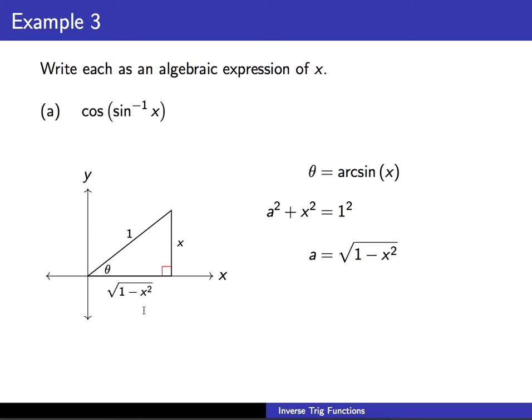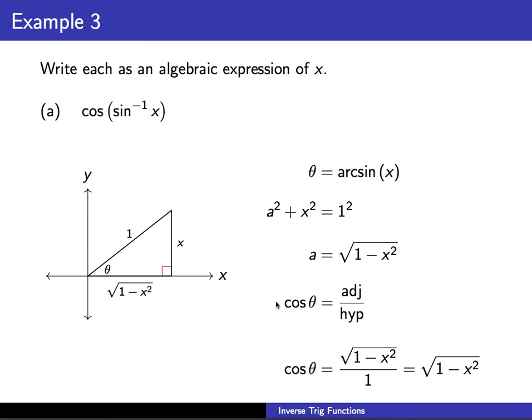Now we have our adjacent side and our hypotenuse. We can write the cosine of theta as the adjacent side, the square root of 1 minus x squared, over the hypotenuse, which is 1, and that gives us the square root of 1 minus x squared. So this entire composition function simplifies to the square root of 1 minus x squared.